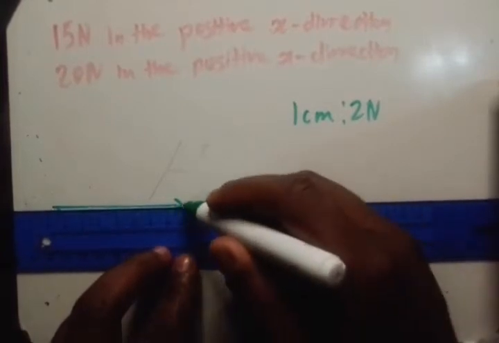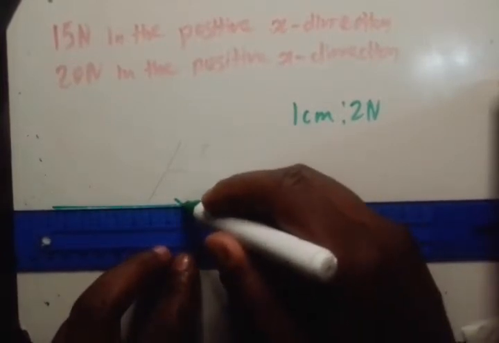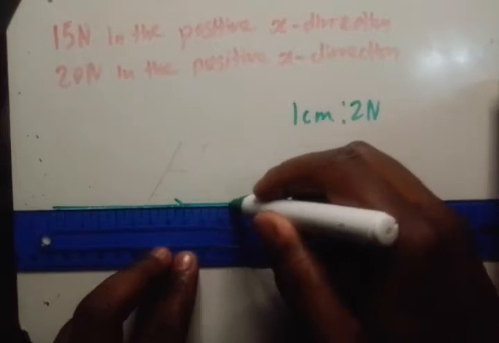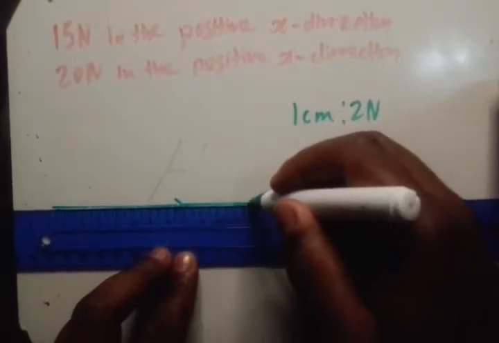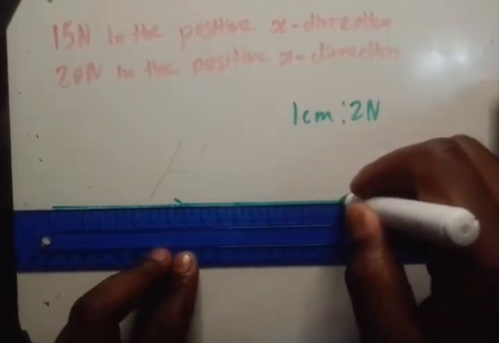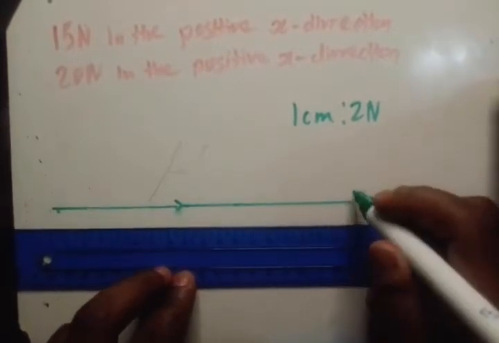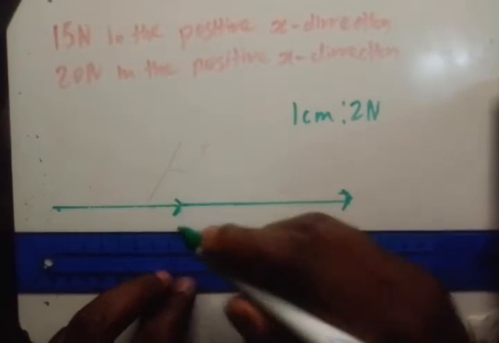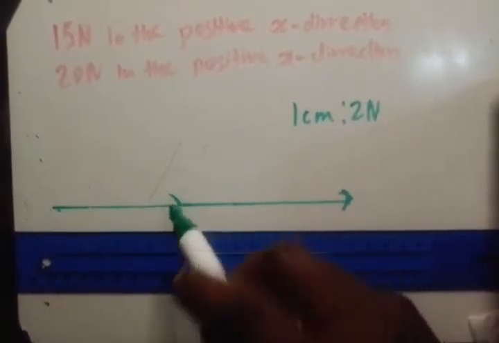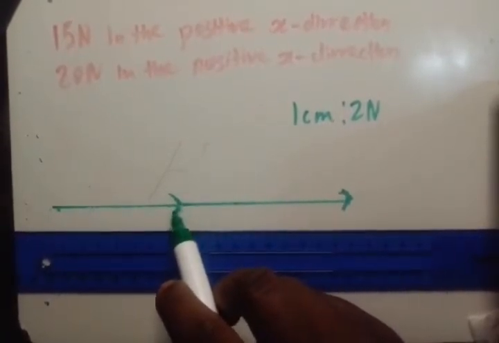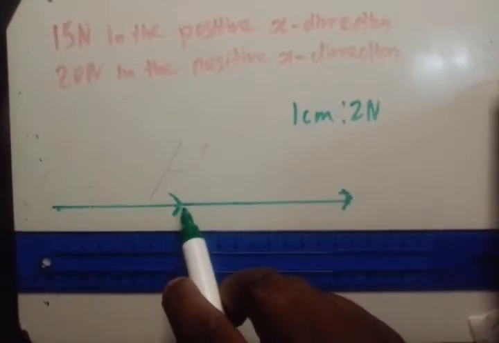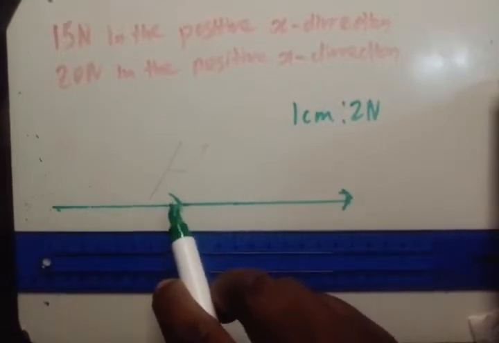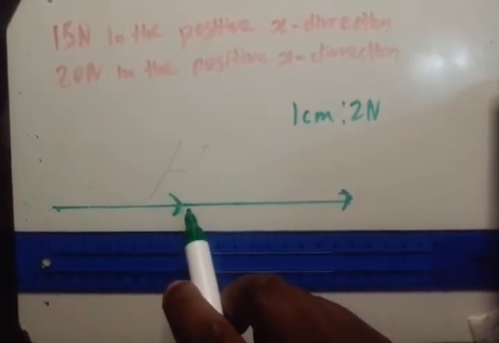So I'm going to start from the head of the previous one. If I measure 10 centimeters, it would end here. So this is the head-to-tail method, because the head of one is connected to the tail of the other. So this is why it's called head-to-tail.